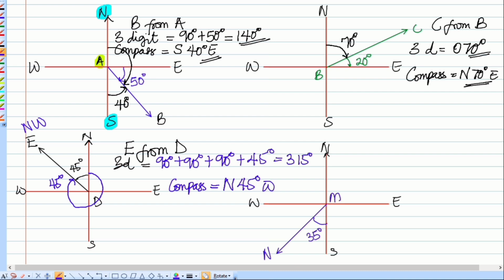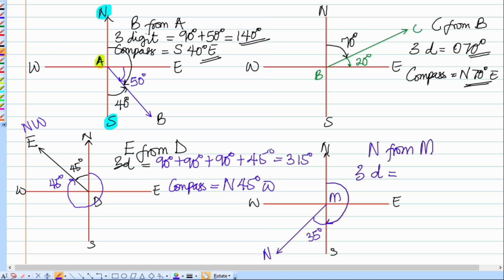Okay, the last one. This would be the bearing of N from M, in 3 digits. We're always measuring the angle formed from the true north in the clockwise direction, so that will be this angle.